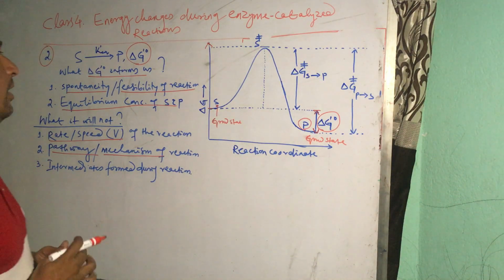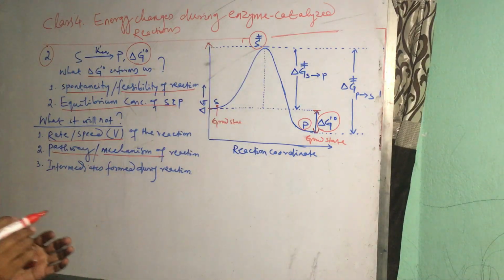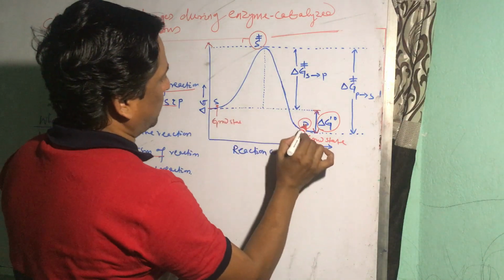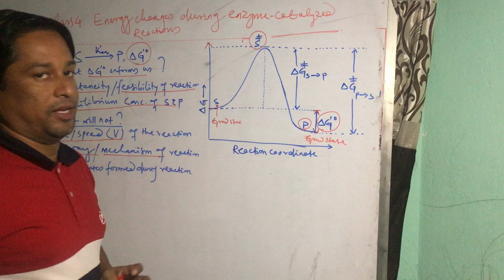So here we need to understand how a chemical reaction will happen. When substrate is converted to product, it has to go through an energy barrier.